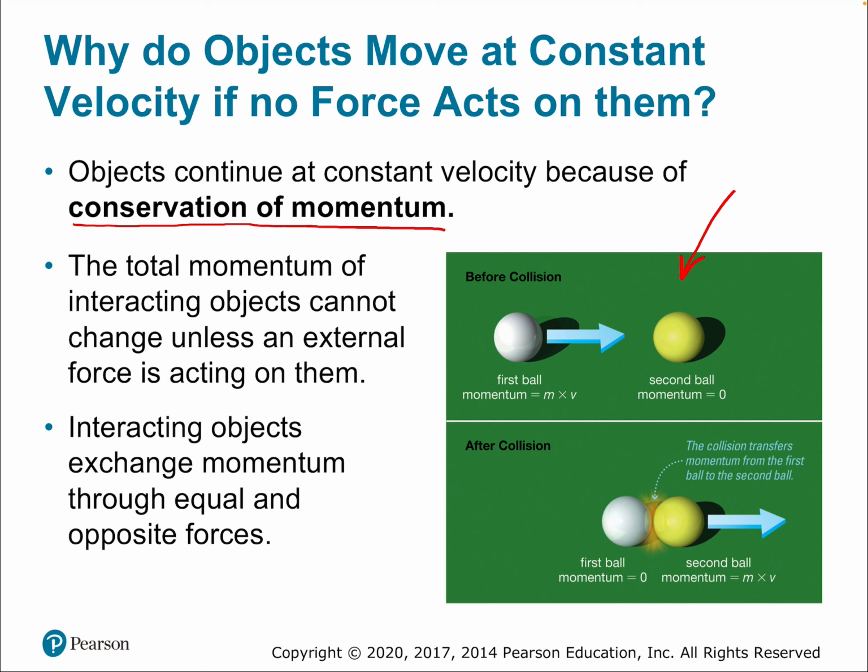Now remember, momentum is defined as the product of mass and velocity. So for example, in an everyday terrestrial example of a ball colliding with another ball, the first ball has some initial non-zero momentum. The second ball at rest has zero momentum. Anything at rest has zero momentum because, after all, multiplying by zero gives you zero.